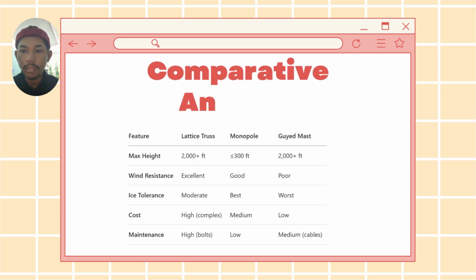Let's compare the three main tower types. First, lattice trusses dominate in height, exceeding 2,000 feet, and wind resistance, but they are costly to assemble and maintain. Second, monopoles, ideal for cities, max out at 300 feet but shed ice well and need the least upkeep.